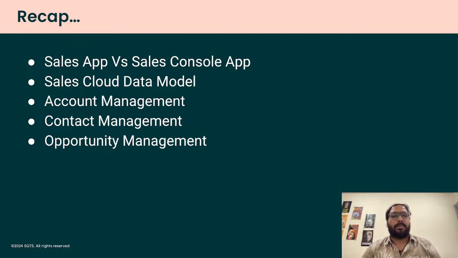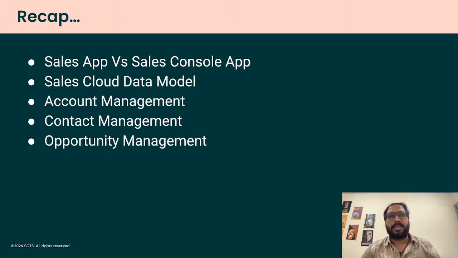Then we discussed the Salesforce Sales Cloud data model. In that data model, I showed you the different objects involved in Sales Cloud that you need to understand. In that series, we already completed 3 objects. We discussed account, contact, and opportunity.